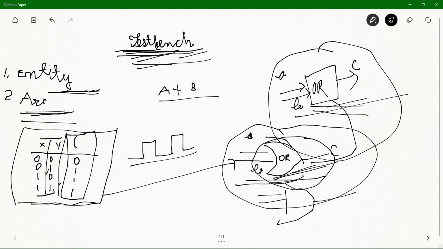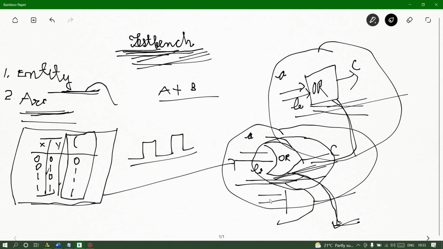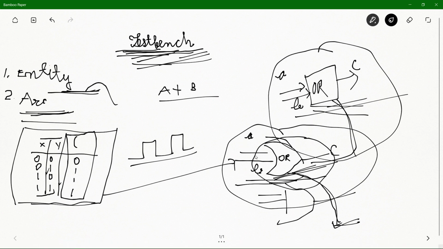And I am calling this block in my test bench portion so that I could provide it my input output and check whether there is any sort of error in my program, or whether my compiler is giving my desired output for that particular gate, right?